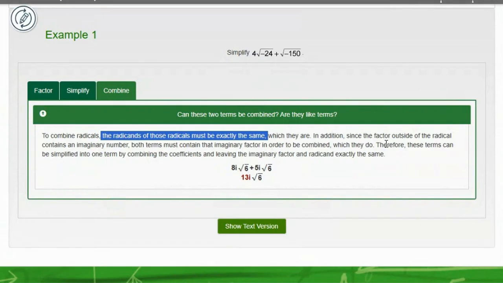Since the factor outside the radical contains an imaginary number, both terms must contain that imaginary number in order to be combined, which they do. So in this one, since we have a square root of 6 in both terms, an imaginary number outside in both terms, we can add them together. 13i square root of 6.